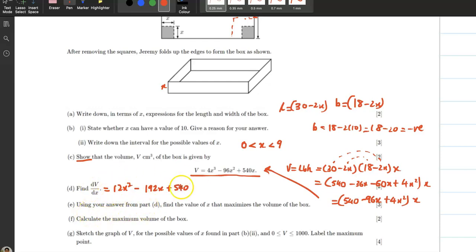Using your answer of part B, find the value of x that maximizes the volume. The derivative is equal to 0. So 12x squared minus 192x plus 540 is equal to 0. Solve.